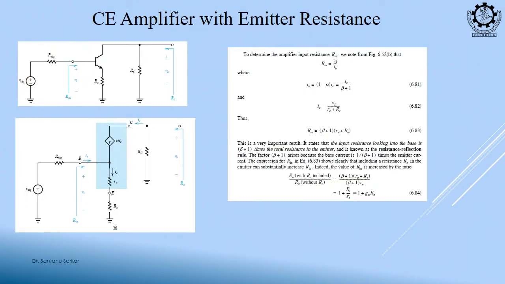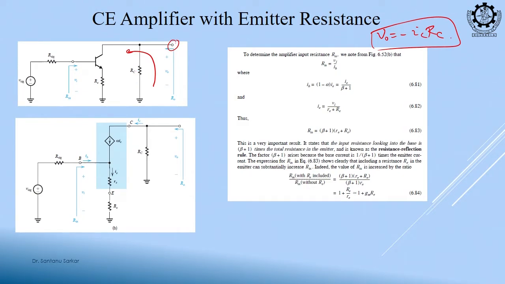Now, when we have an RE, something will change, right. So, you see this is our output. So, output voltage V0 is again equal to minus IC RC. This is the same, right, because we are neglecting R naught at this moment, and on the output side there is only RC. So, again output voltage is equal to minus IC RC.